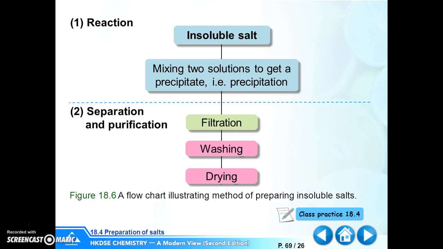But note that this method has a limitation, that is, some compounds may decompose at high temperature. For example, some metal carbonates will decompose at high temperature to become the metal oxide and carbon dioxide. So if you use the oven for drying but accidentally the product decomposes, then that will be contradicting what we want.